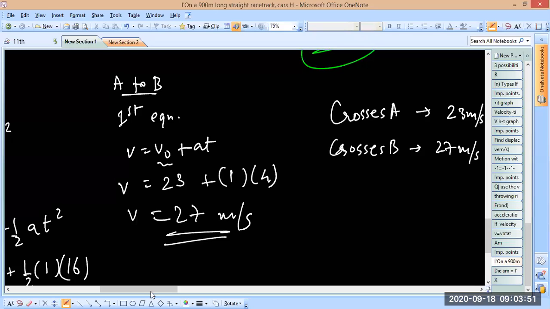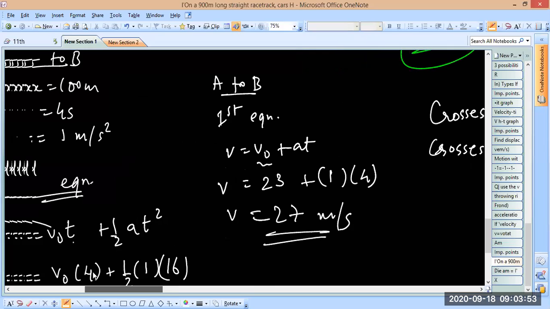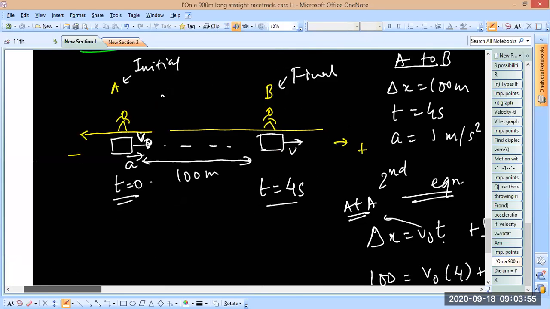We are getting these answers because we assumed that the vehicle moves towards right. Suppose the vehicle is moving towards left, that is, the vehicle will cross B first and then A. I'm sure you understand what I'm saying.